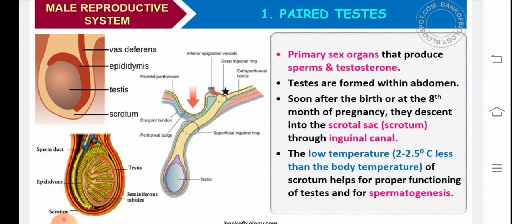So that is why the testis is located outside the abdominal cavity, and it is very important for the production of sperms, nothing but for spermatogenesis. It is very important.